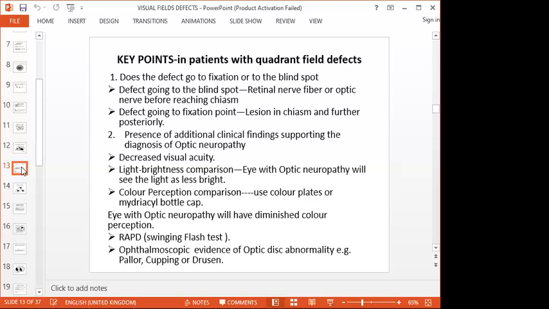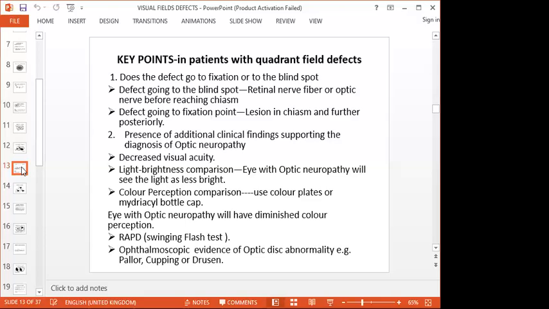Color perception comparison and light brightness comparison in optic neuropathy. The eye with optic neuropathy will see the light as less bright because it has optic neuritis, inflammation. Just by doing it like that: where does this look brighter? When I see with this one, oh, good.